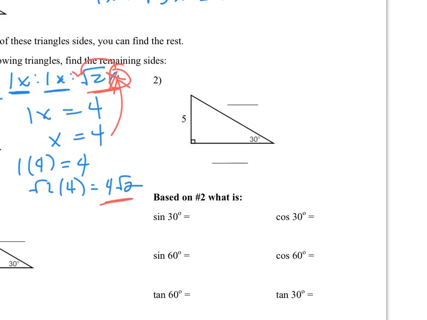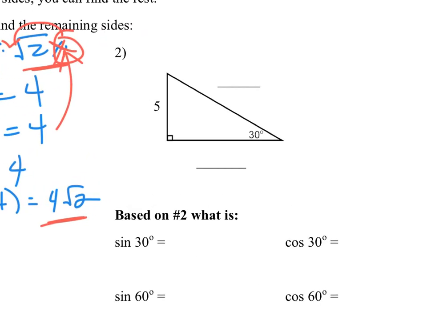Okay, so for this one here, this has a 30-degree angle, so you know this one is 60. So we're dealing with the 30, 60, 90 right triangle, and those are the sides opposite each of those. 30 is the smallest angle, so this was the smallest side.